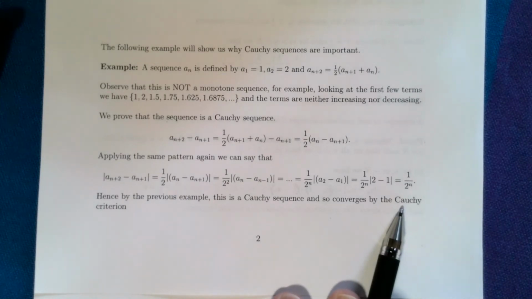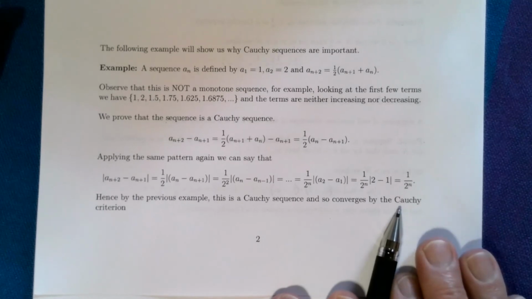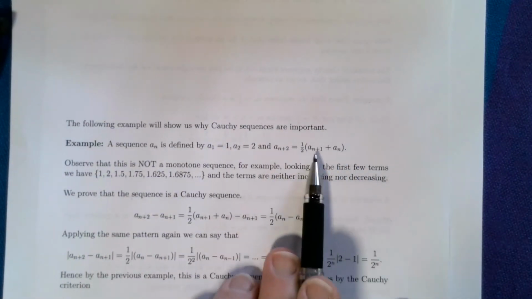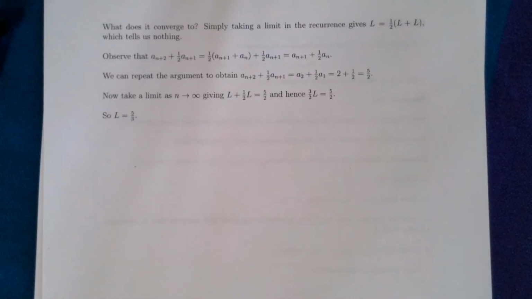Now the question is, what does it converge to? If it converges to some limit L, simply putting L in here doesn't help, because you just get L plus L, that's 2L, divided by 2 is L. Well, that just gives me L as L. So what does it converge to?